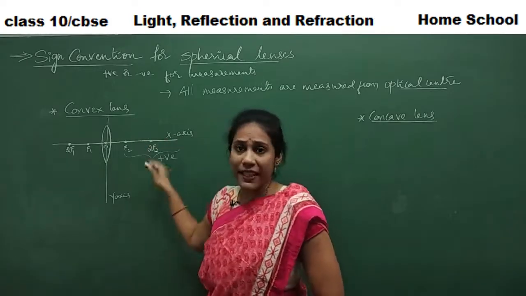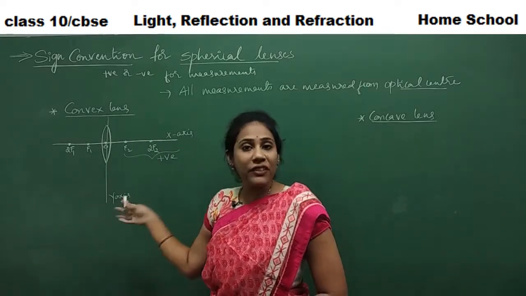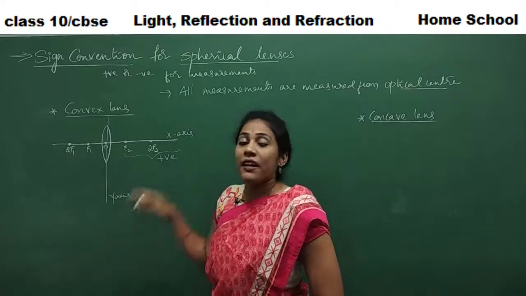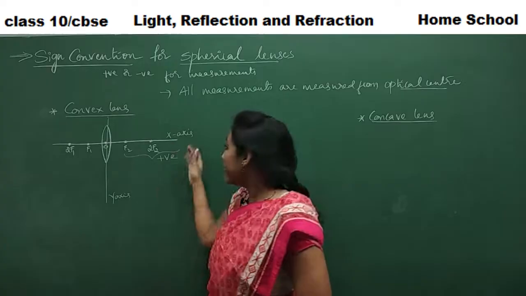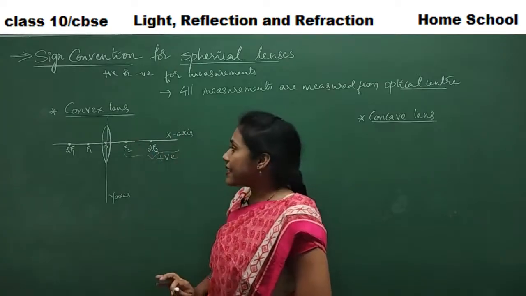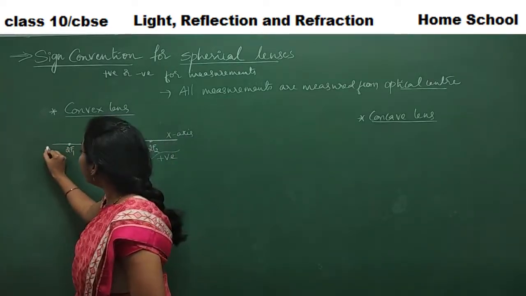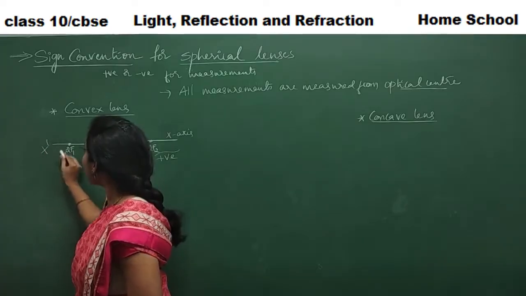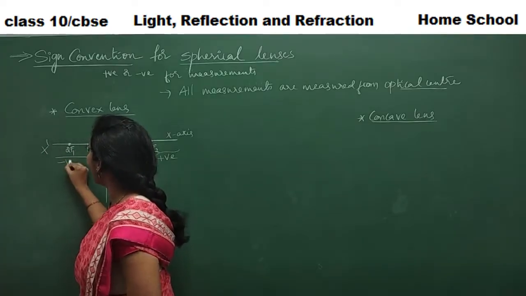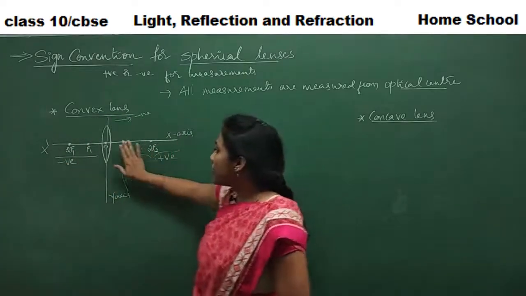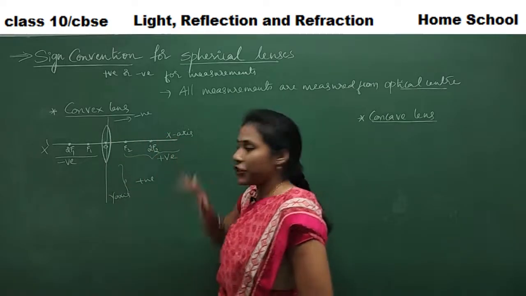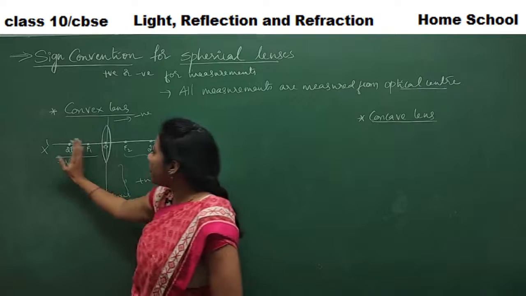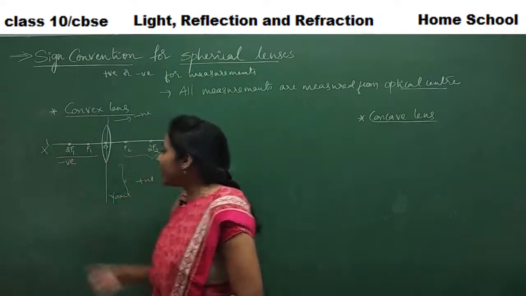The Cartesian xy plane, you all know, from the graphs you have done in mathematics, where you know which side has to be considered with what sign. So this is the positive x-axis side, and this is the negative x-axis side. Whatever measurements come on the positive x-axis side will have a positive sign. Whatever measurements are on this side will have a negative sign.